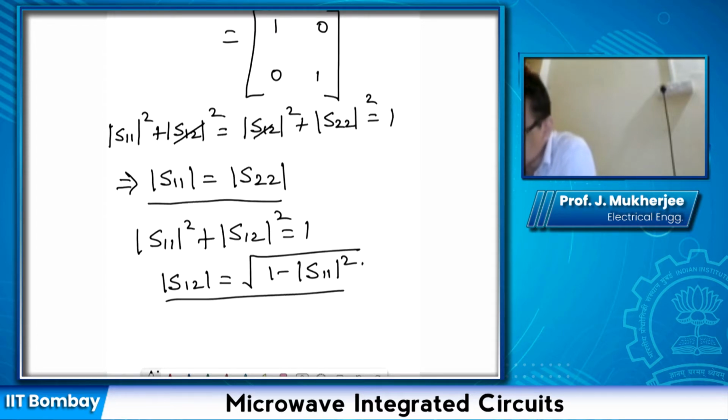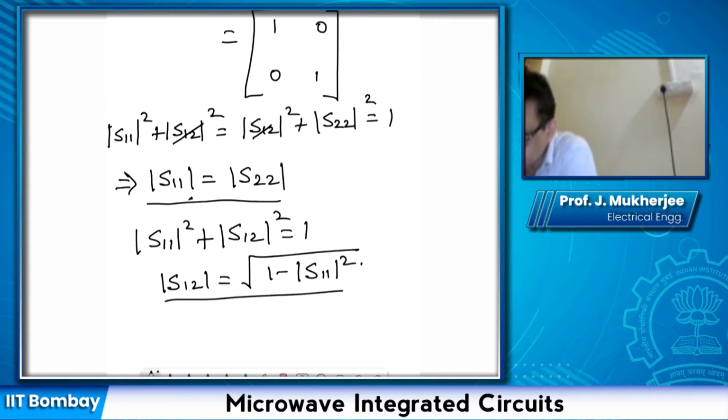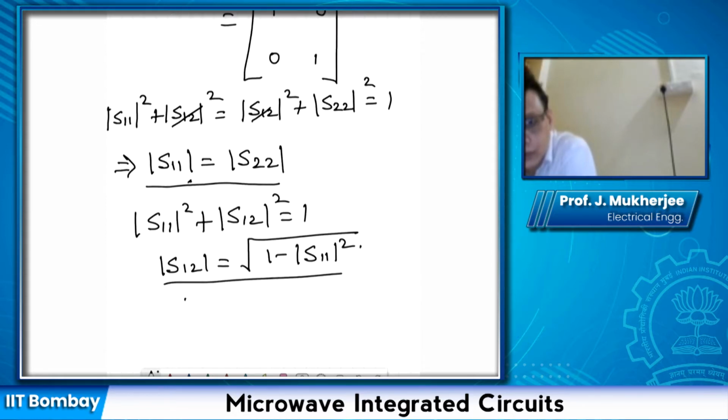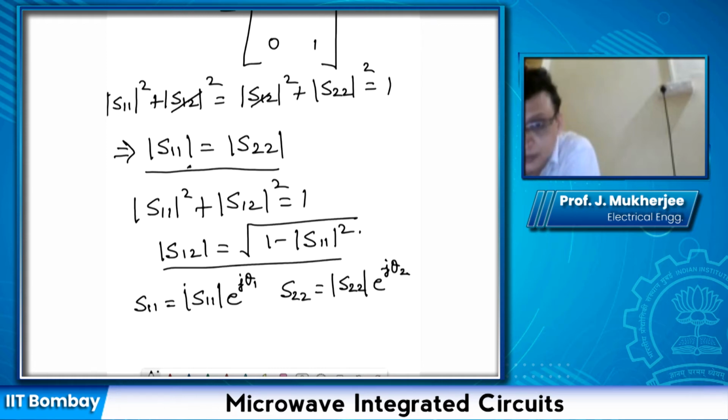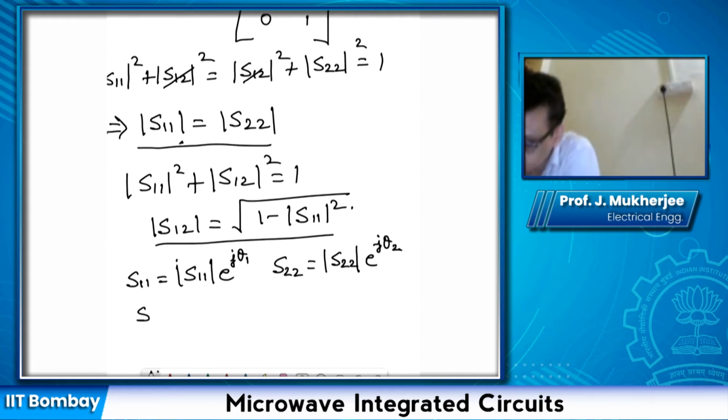So instead of 6, with this we had 5 unknowns, now with this we have 4 unknowns. Now further, let us say we can write S11 like this. And say we are writing S12 like this.